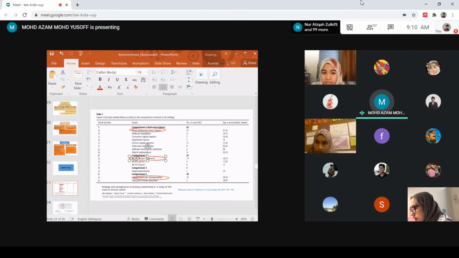What I mean by 46XX is a normal female karyotype. Gonadal dysgenesis means that the gonad is the ovary, so the ovary has not developed. So 46XX, but the ovary is not developed.